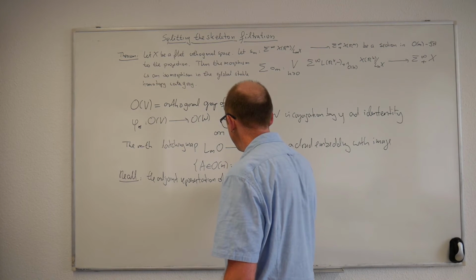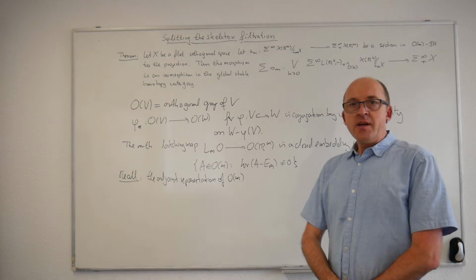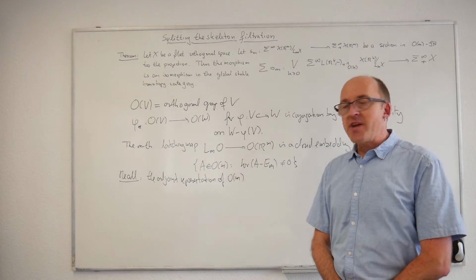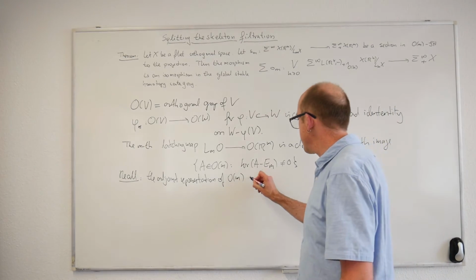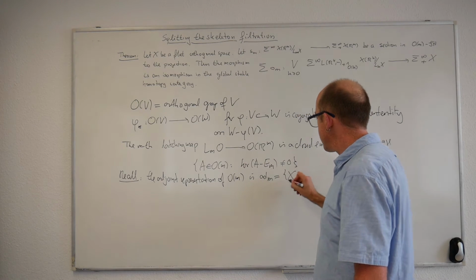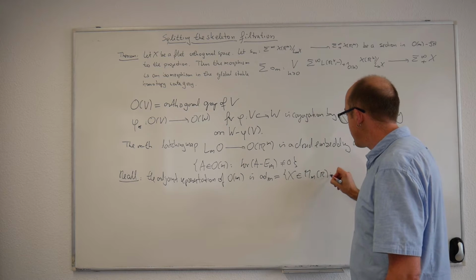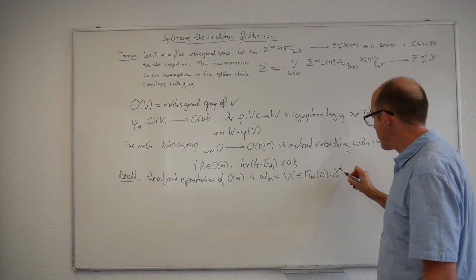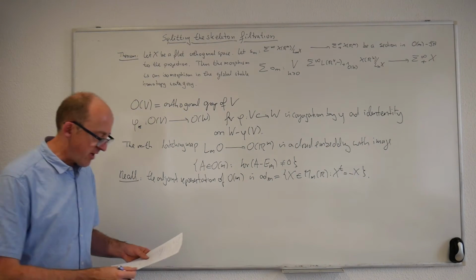The adjoint representation of OM is, well, formally it would be the tangent space at the identity with the OM action given by differentiating the conjugation action, but we want to use this more concrete description, a_m, just as the skew symmetric matrices. So these are m by m real matrices with the property that the transpose is minus the matrix, so they are skew symmetric.